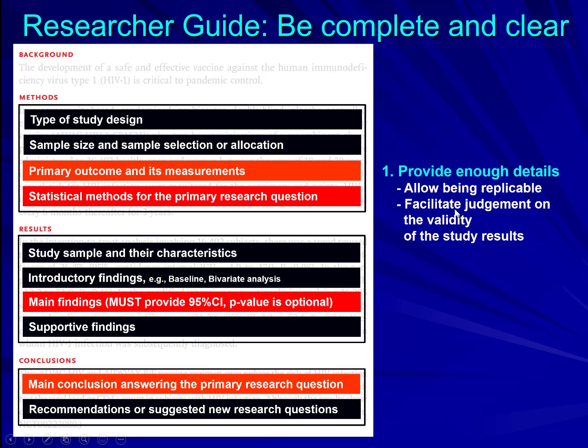And also facilitates judgment on the validity of the study results. For example, if you don't put details about the primary outcome and its measurement, there's no way to judge how valid the results are. So provide enough details. Always provide the main magnitude of effect in the results sections with this format.